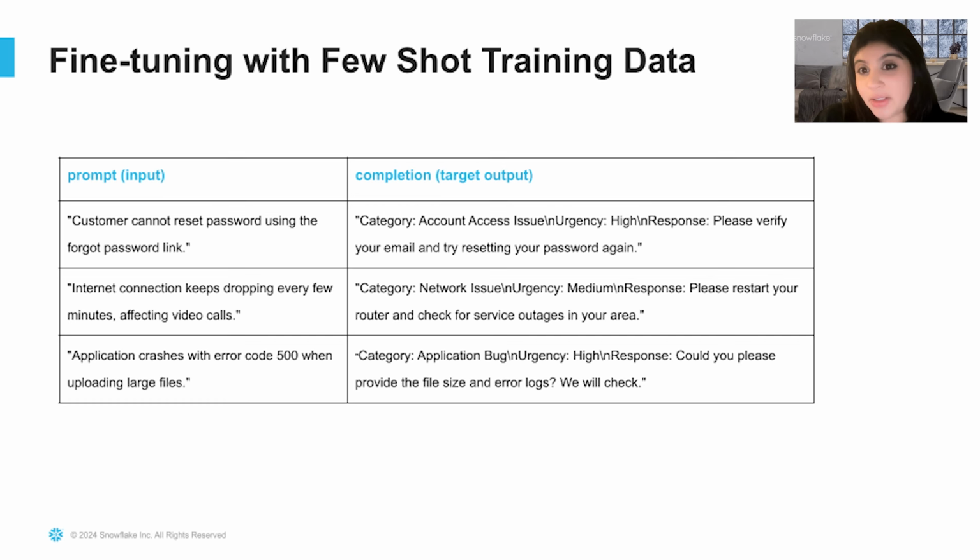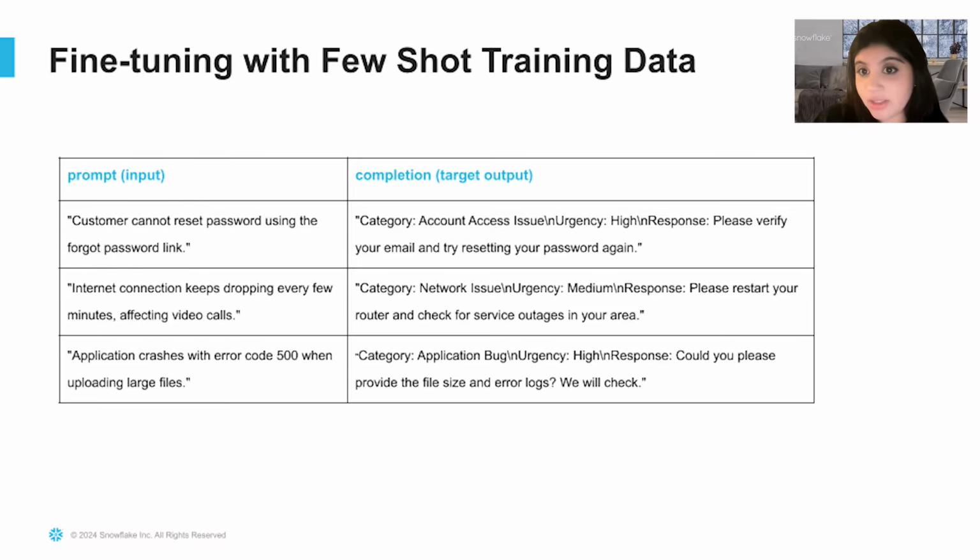The other benefit here is high performance with limited data sets. Few-shot fine-tuning techniques, like parameter efficient fine-tuning, are pretty powerful because they achieve specialization without requiring the millions of data points needed for full model training. So you can leverage foundational knowledge.